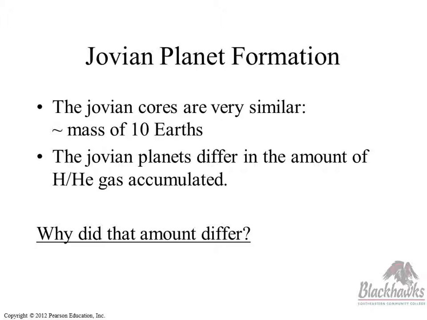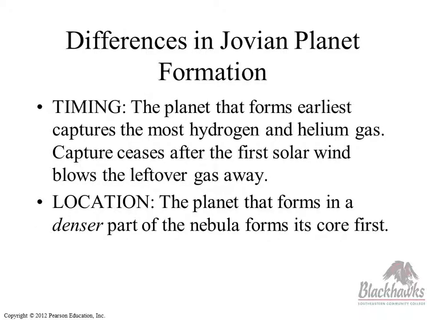So Jupiter and Saturn are mostly hydrogen and helium, but why are Jupiter and Saturn like that? And the blue ones, Uranus and Neptune, why don't they have as much hydrogen and helium? It kind of comes into timing and location. Now I didn't grow up in a big family, but if you grow up in a big family that's aggressive at supper time, you might relate to this.